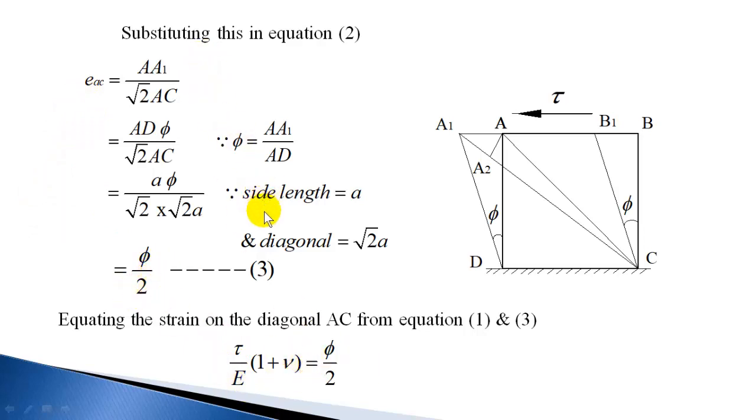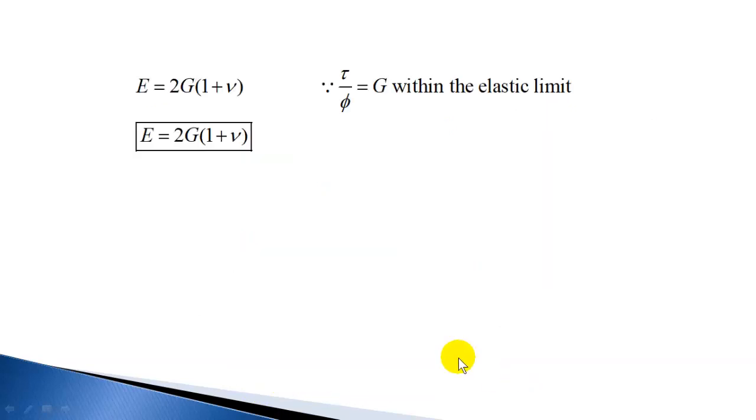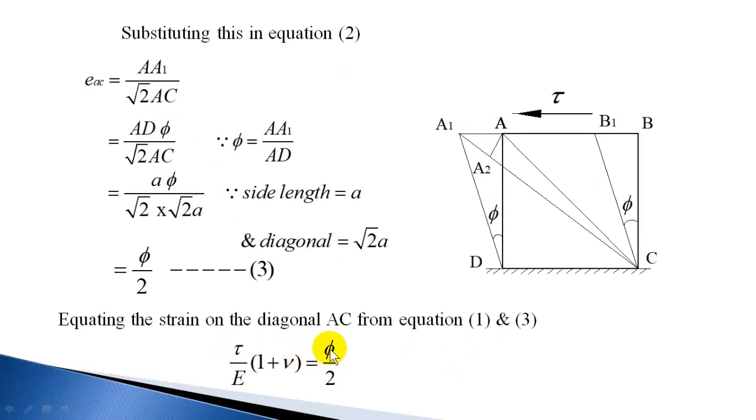So combining equation 1 and 3, we can write tau by E into (1 plus nu) is equal to phi by 2. Now we can rearrange this: tau by phi is equal to G, the modulus of rigidity. Tau by phi, shear stress by shear strain, is the modulus of rigidity.